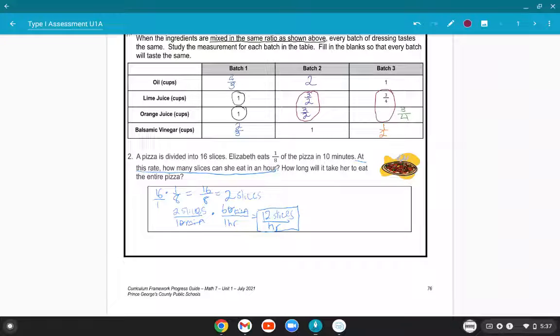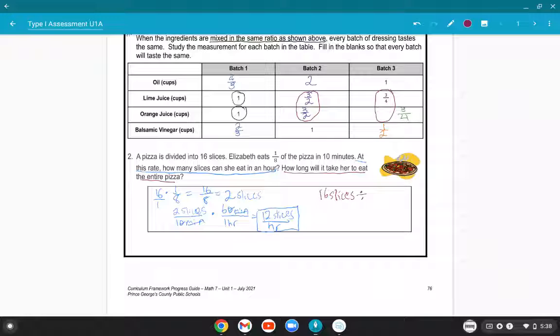Now let's move on to the next question. How long will it take her to eat an entire pizza? We have to divide. We know that a pizza has 16 slices. Then we want to figure out the time.